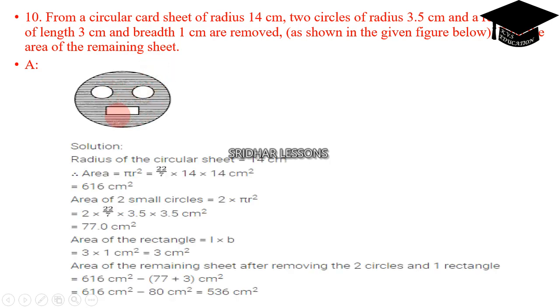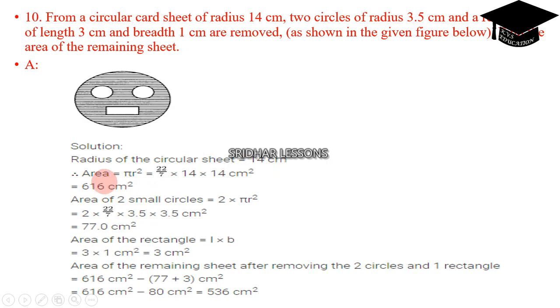See, like this it was removed. Two circles of radius 3.5 and 3.5, and a rectangle of length 3 centimeters and breadth 1 centimeter are removed. Now we will see the radius of the circular sheet is equal to 14 centimeters.